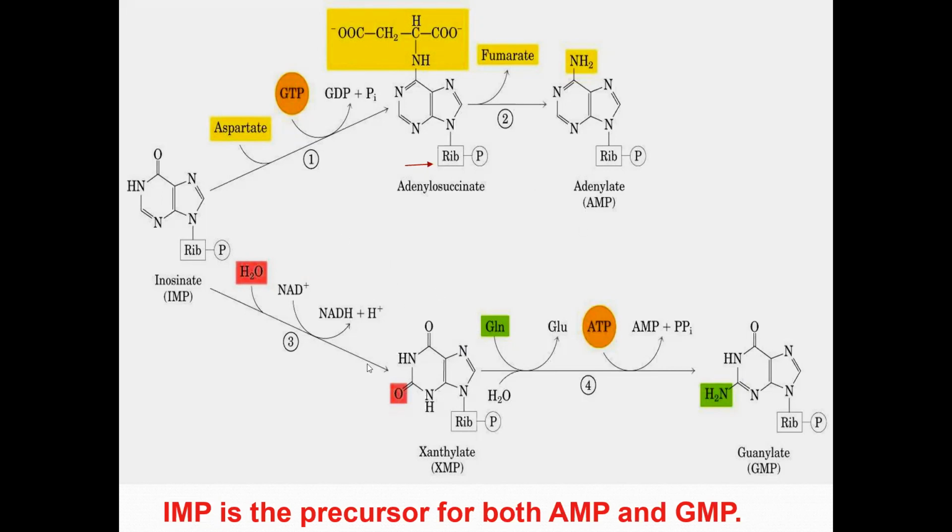For putting an amino group at the second carbon of 2-amino-4-oxo purine, which is guanine, first this carbon should be carbonylated, that is connected with oxygen in the presence of a dehydrogenase. So in this way, IMP is utilized for the synthesis of AMP and GMP.